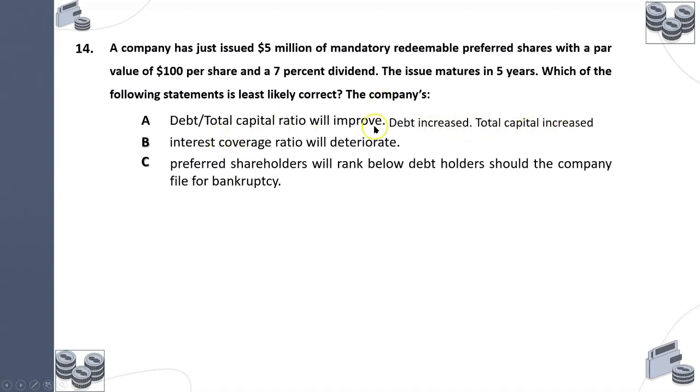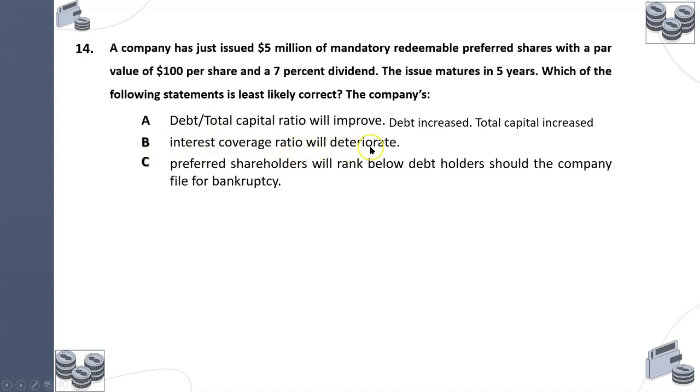But when you divide both of them, you will find that the ratio increases. That means it deteriorates. It will not improve. Do any calculation, for example, debt going from 2 to 3 and total capital from 5 to 6, and you will find that the ratio becomes higher.